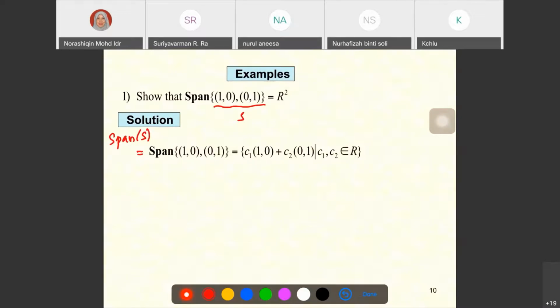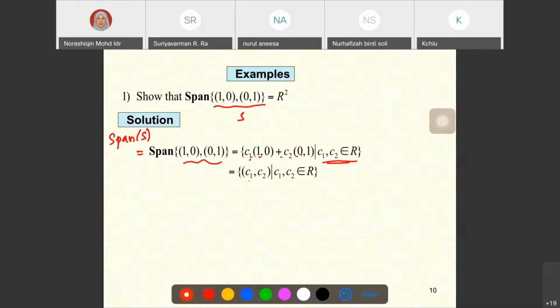So it is equal to C1 times (1, 0) plus C2 times (0, 1). Okay, what we wrote doesn't matter. So expanding, what do we get? (C1, 0) plus (0, C2). So the span of this set is in the form (C1, C2), where C1, C2 are in R.